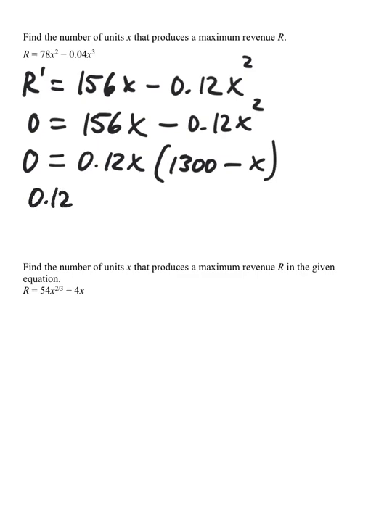Setting each factor equal to 0, that's going to give us x equals 0 for this factor, and 1300 for the second factor.